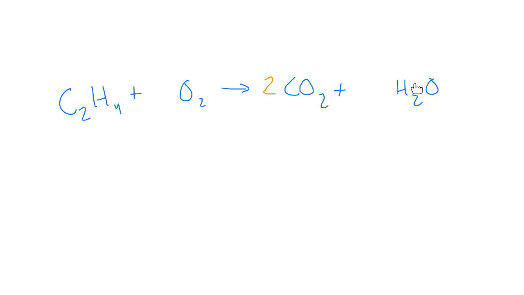We have 1 here. Looks like we have an odd number, right? That's not going to jive really well if we have an even number right here. So let's go ahead and convert this oxygen molecule to have an even number of oxygens. So let's go ahead and throw a 2 in here.